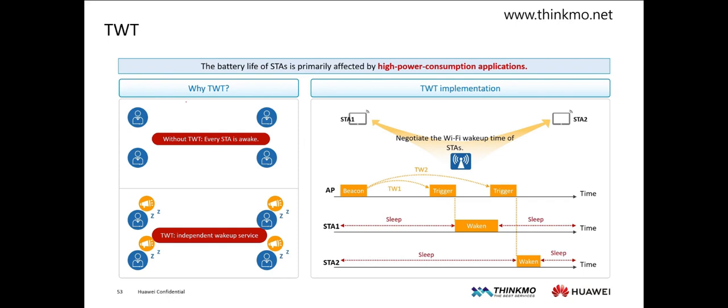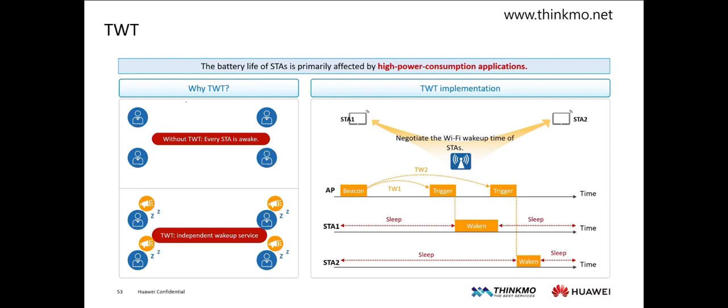Next, let's take a look at the TWT, which stands for Target Wake Time. It is a power-saving mechanism introduced in Wi-Fi 6, suitable for IoT devices. TWT allows the AP to control the wake-up and sleep times of the terminal, thereby reducing unnecessary power consumption. The working principle is the scheduling of sleep and wake-up.